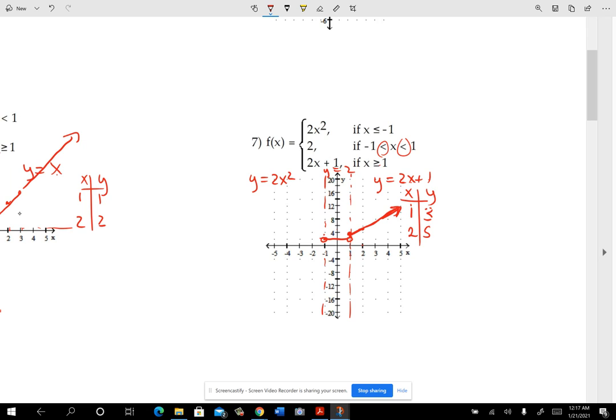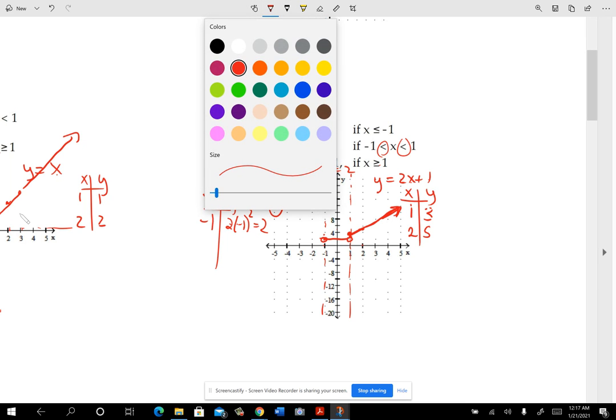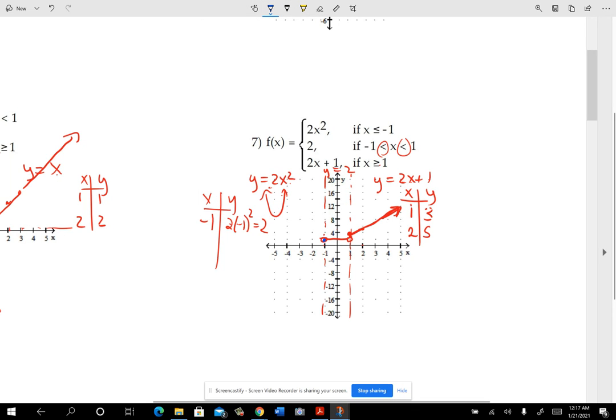Right, then to the left over here, I have y equals 2x squared, which I know is a parabola, just a little more narrow than a typical one. And so I'd like to know what happens at -1 itself. So I'm going to plug that in. It's 2 times 1 is 2. So -1 at 2. So let me do this one in blue. Kind of wish I'd used a different color on the other. So it's going to fill in that little dot right there. And then I need to see some others.